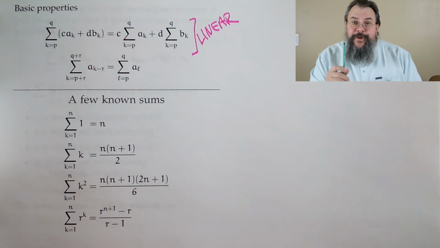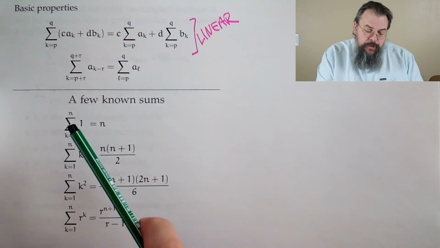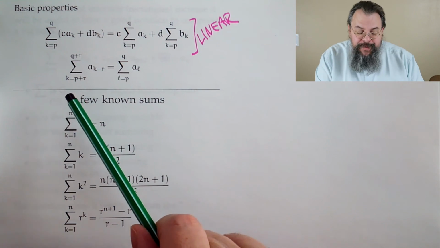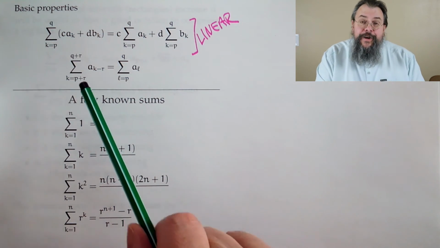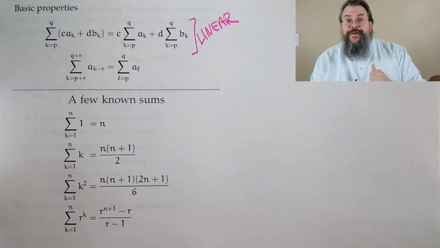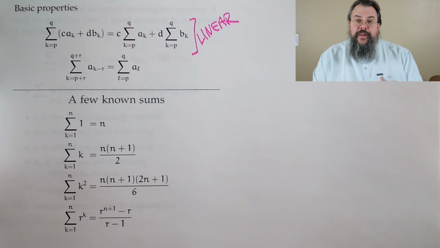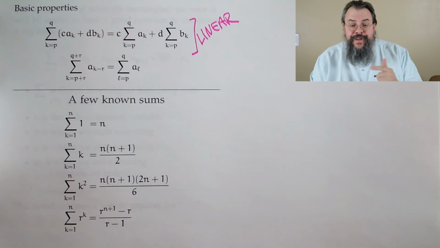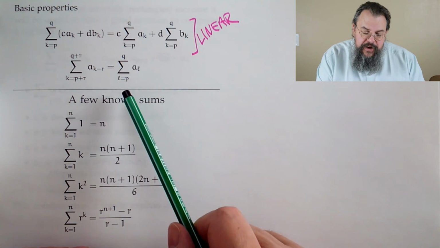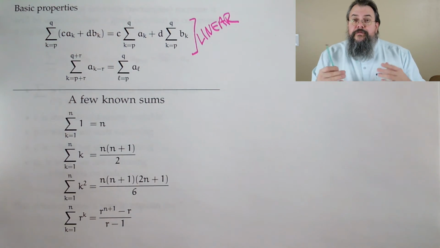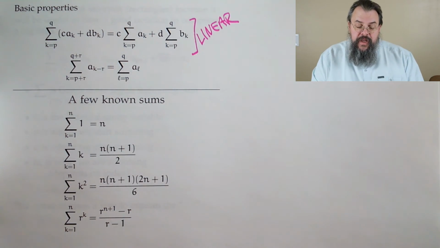Now, what's the first term? Well, k is p plus r, right? So you'd have p plus r minus r. p would be the first term. And you keep going, what's the last term? Well, it'd be q plus r minus r, q. So it's really the same as starting at p and going to q of this new index a sub l.